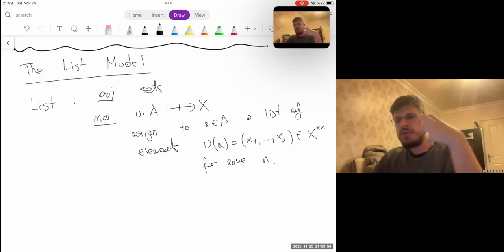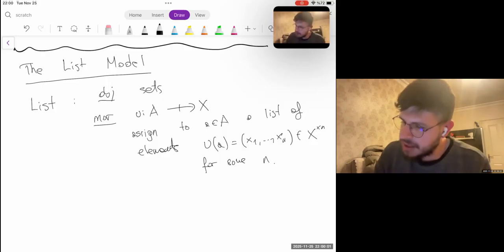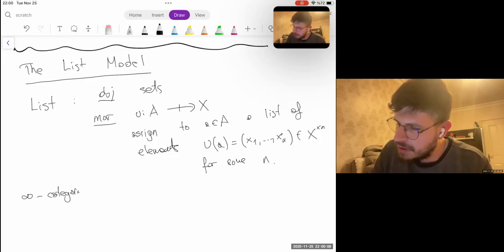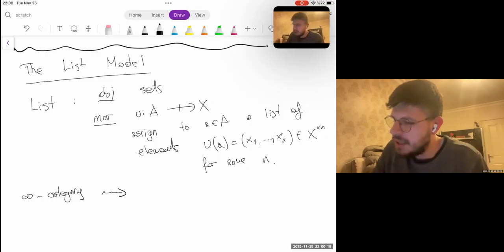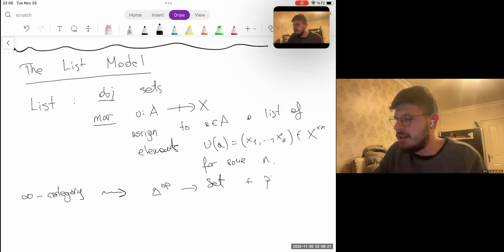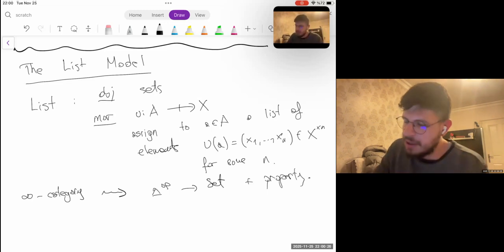Anyway, from functions on sets, you consider these listings on sets. And so the point is that for infinity categories, the combinatorial object that we use to model it is functors from delta op to set, which are simplicial sets, plus a property, meaning the quasi-category property.